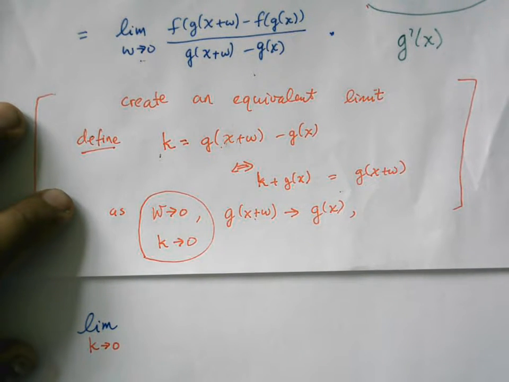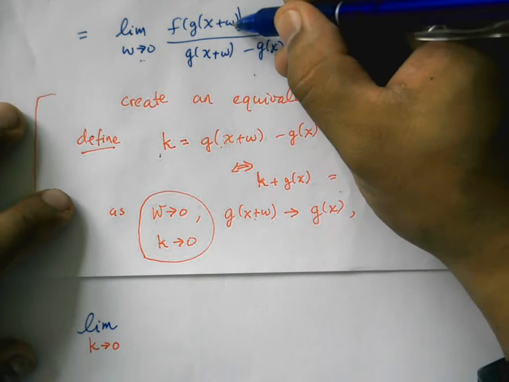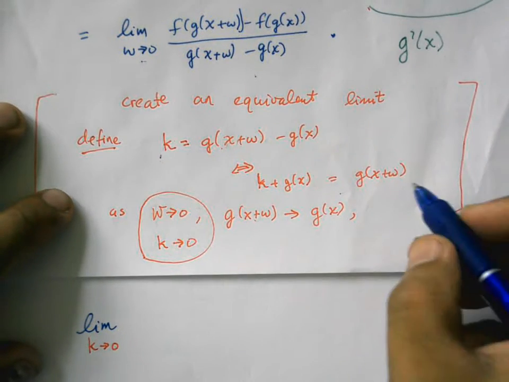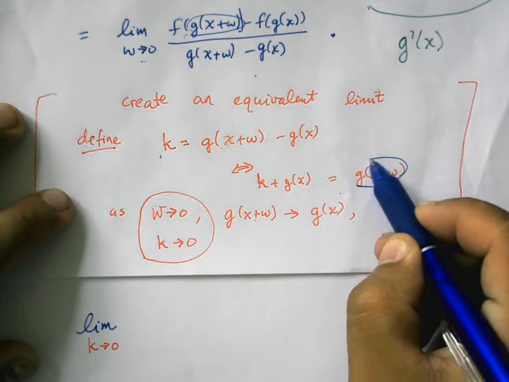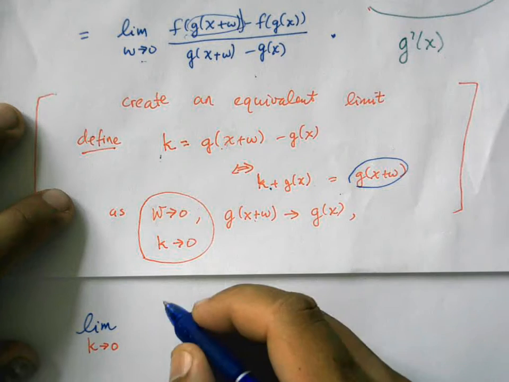And instead of f of g of x plus w, notice that this term in here and this term right here are the same, and that's just equal to k plus g of x.